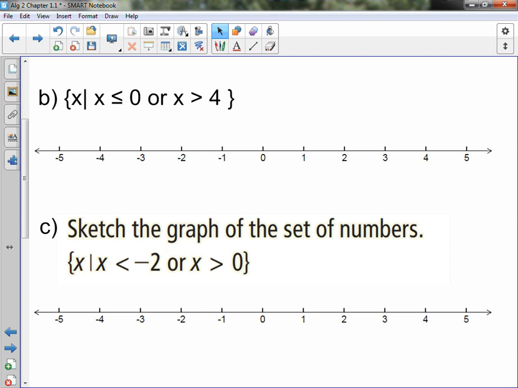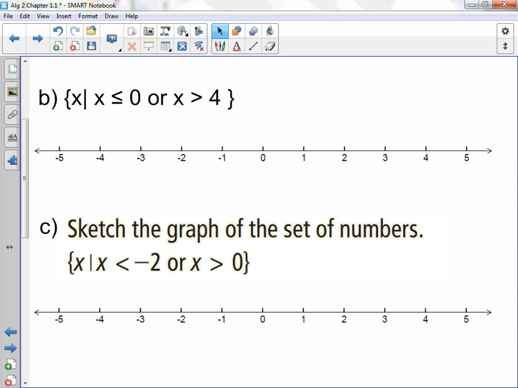Is negative 2 greater than 4? So, okay, well, 5 is greater than 4, yes? Is 5 less than 0? No, 5 isn't less than 0, is it? So what this is, is 2 unbounded sets going in opposite directions. Does that make sense?